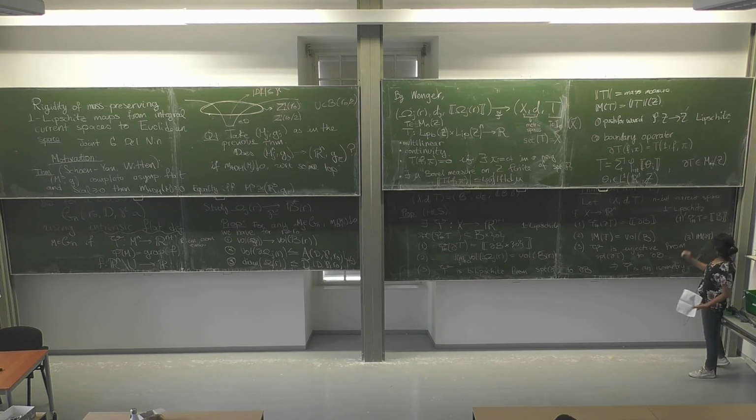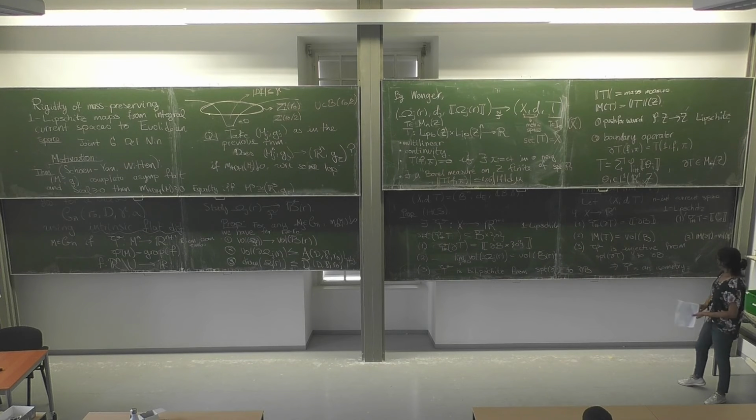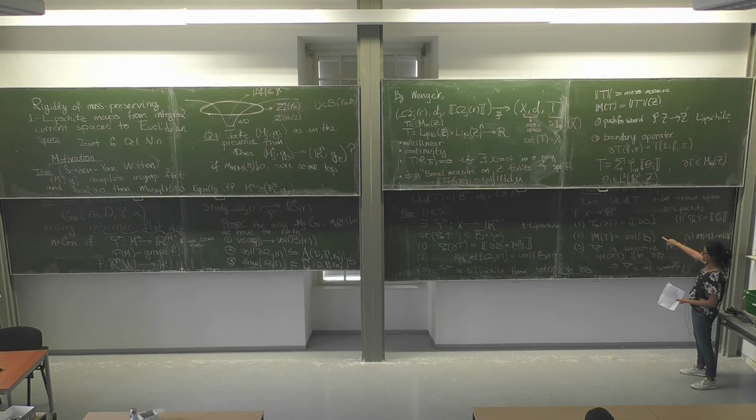Actually, they did a little bit more. So let me change this, and this is a convex set. And well, this is the boundary of the convex set. And they proved the same thing, that C is an isometry. Okay. And in the second line here, number 3, I'm sorry.